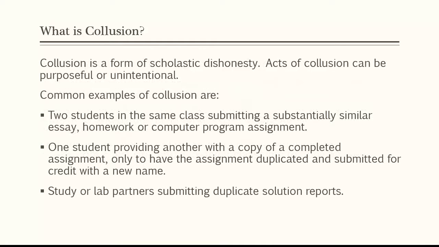Collusion is a form of scholastic dishonesty involving unauthorized cooperation between at least two people with the intent to deceive. Look at the common examples of collusion that we have here.